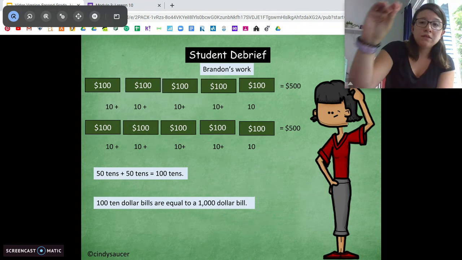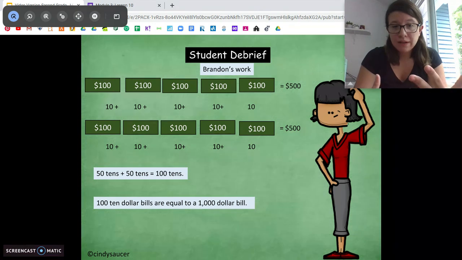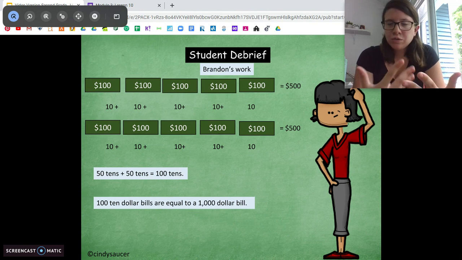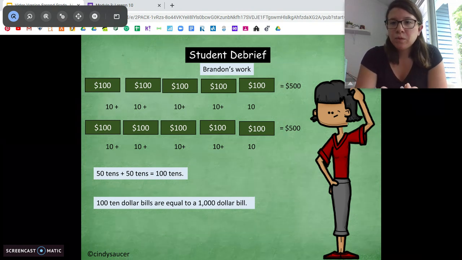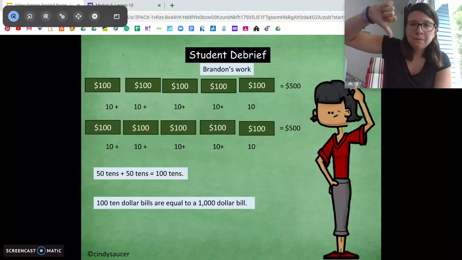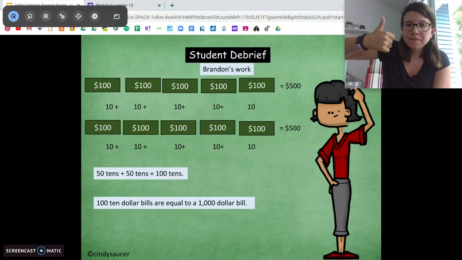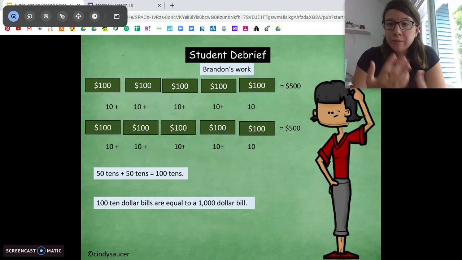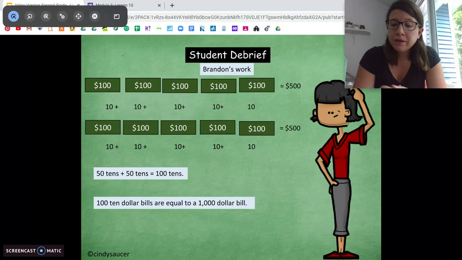So he used the $100 bills and broke it down into tens because he knew the relationship between hundreds and tens. Did you solve the problem this way or a different way? Thumbs up or thumbs down. This is just one way to do it. He used his knowledge of $100 bills, broke down 1,000 into $100 bills.